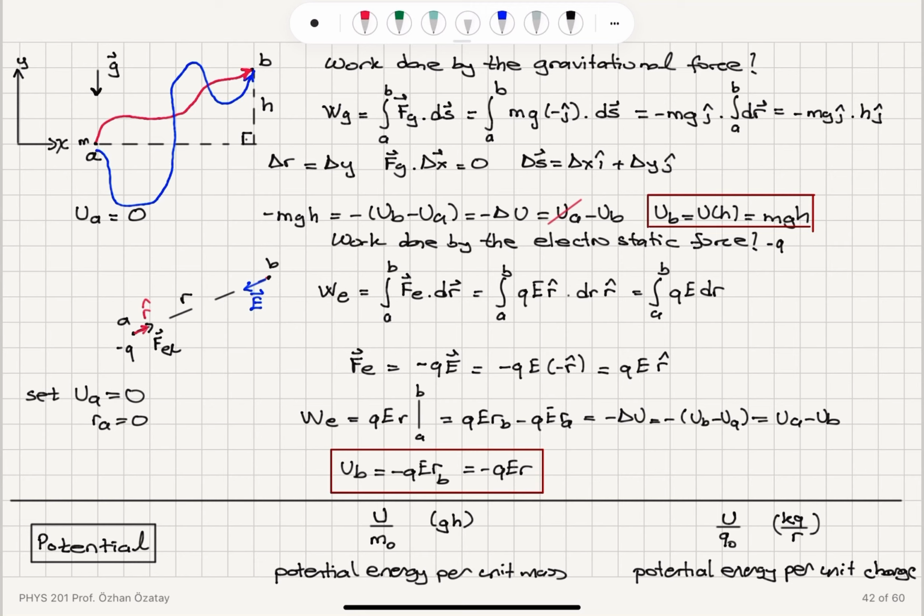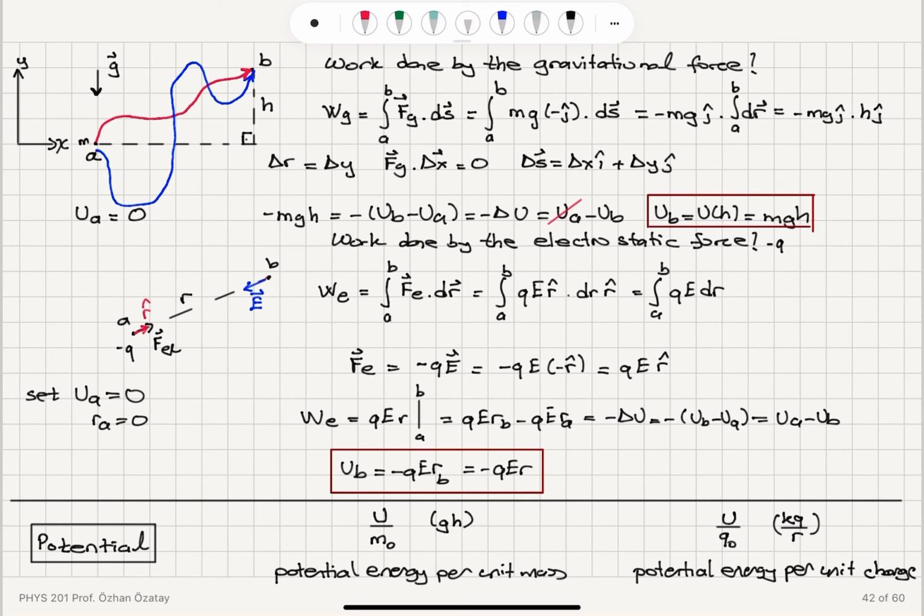So for the gravitational case, if I bring a mass m from r equals infinity to a finite distance r, closer to another mass m, let's calculate the work done in going from infinity to r.